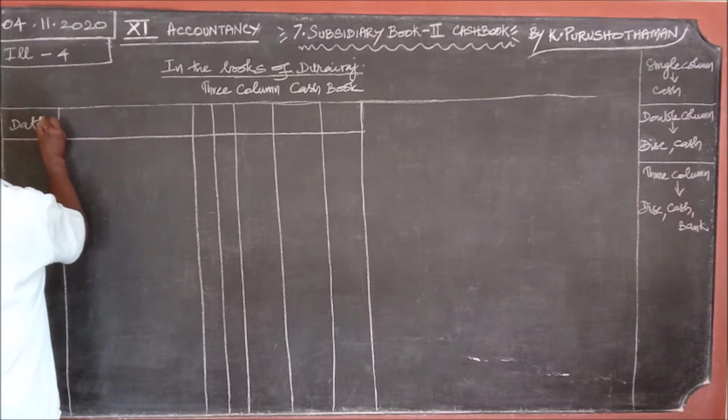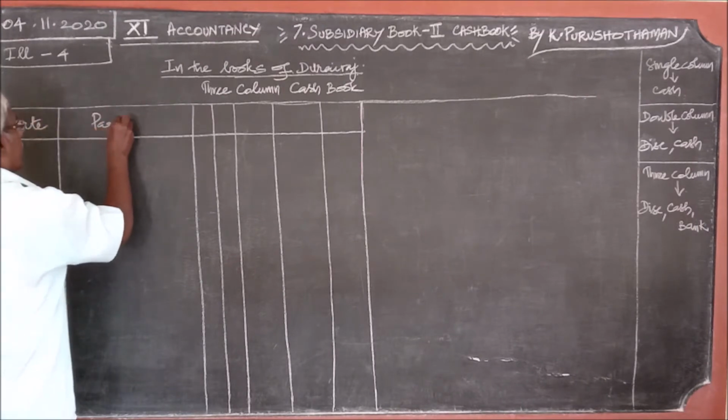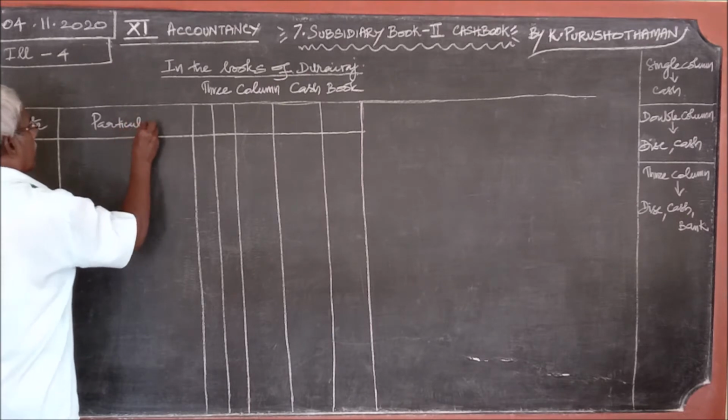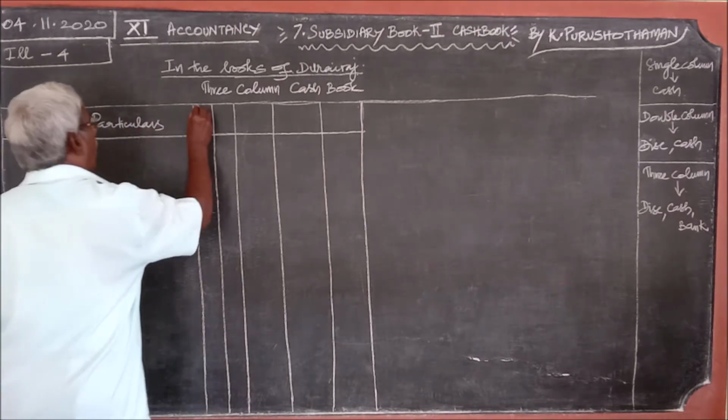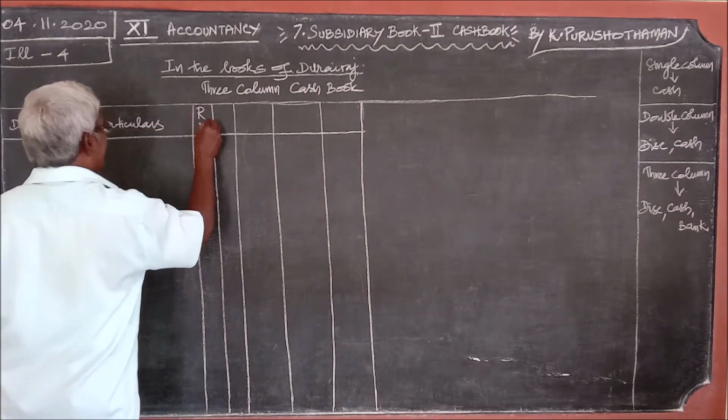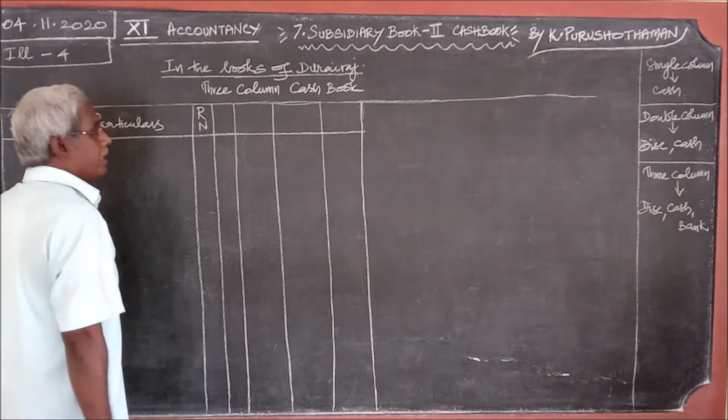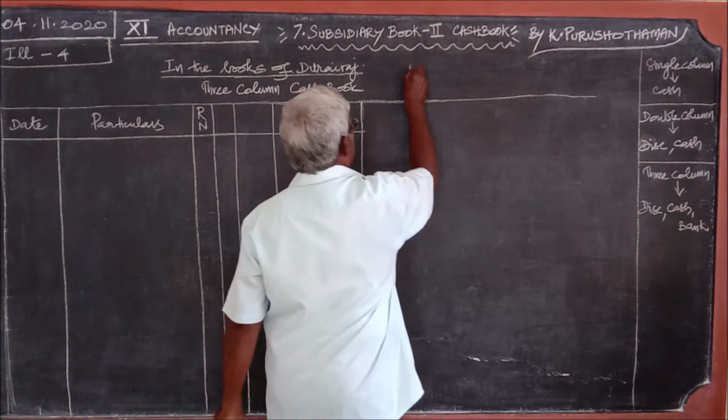Date, particulars, receipt number, or R.N. means receipt number.